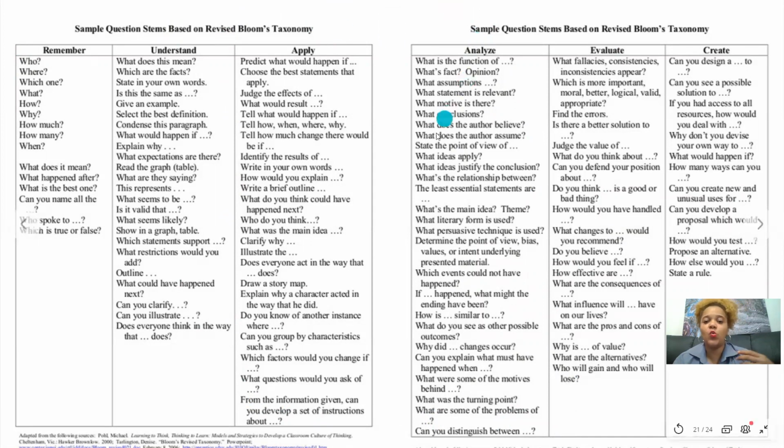So utilizing question stems, what is the motive of the character versus saying, who was the character or why did the character do that? What was the motive? Same question, different techniques utilized to answer. So the question stems are very vital in building this understanding for our students.